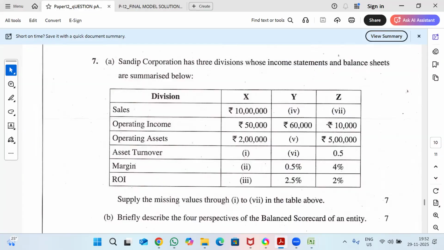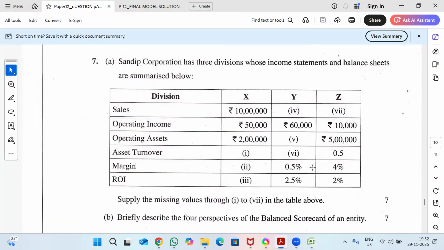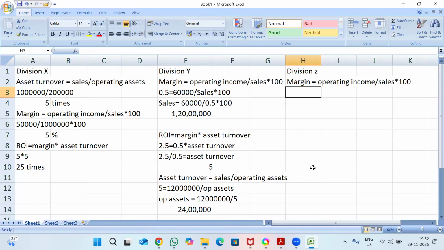In division Z, we want to calculate only one variable, sales. We have asset turnover, margin, ROI, everything. So we want to calculate sales alone. Substituting the margin formula, my margin is 4%. Operating income is 10,000.